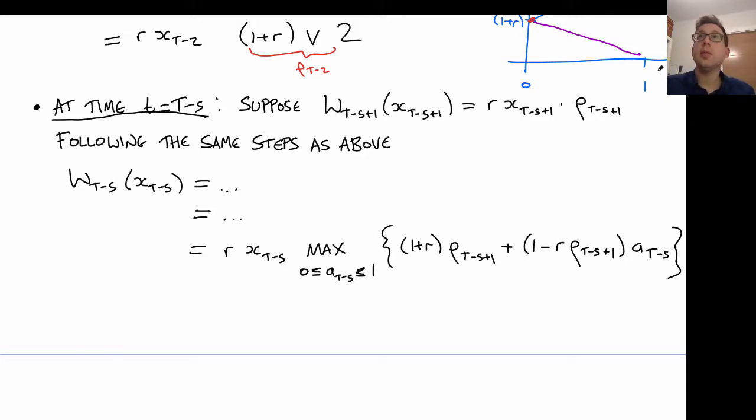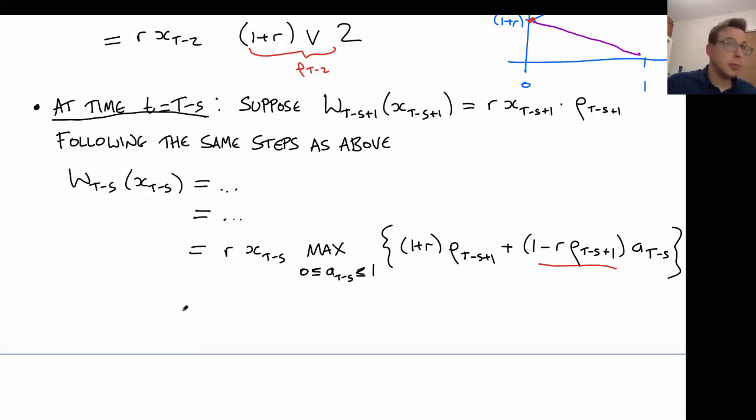So depending on whether this term is positive or negative, we're going to decide either to not consume or consume. If it's negative, it's better to do a equals 0. And if it's positive, it's better to do a equals 1 and consume everything.